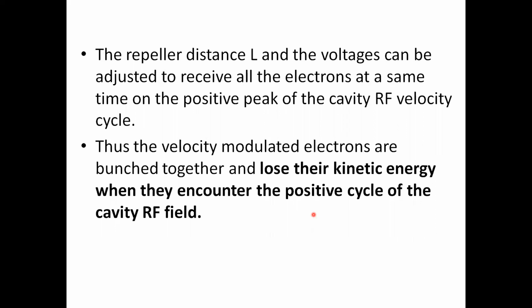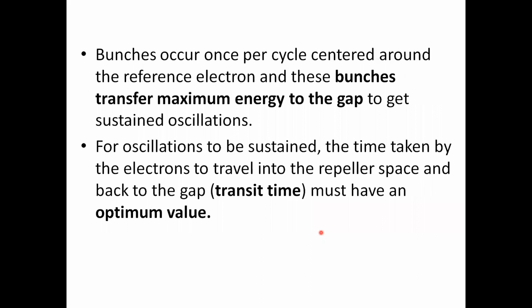So I make the points on the screen. The velocity-modulated electrons are bunching together. These electrons lost their kinetic energy, so they are entering somewhat into the positive cycle of the RF field. With respect to the Applegate diagram, the conclusion is written here according to the application of the reflex klystron.